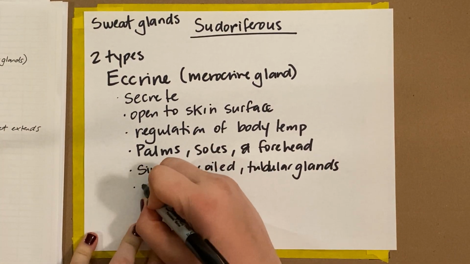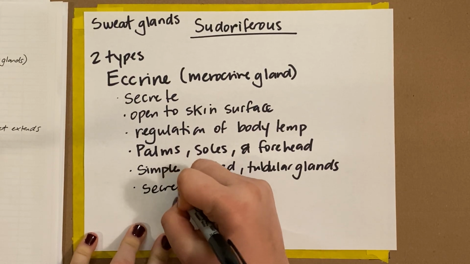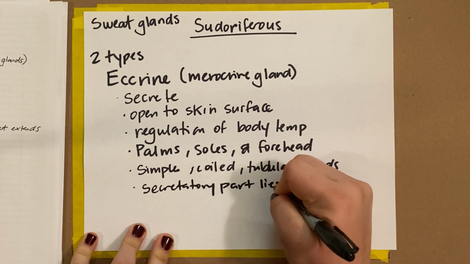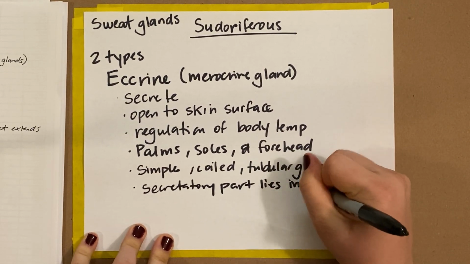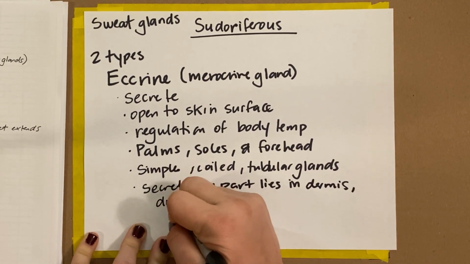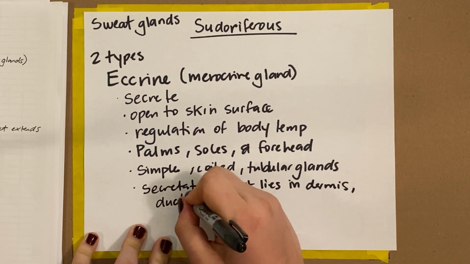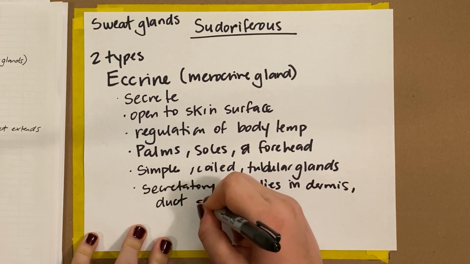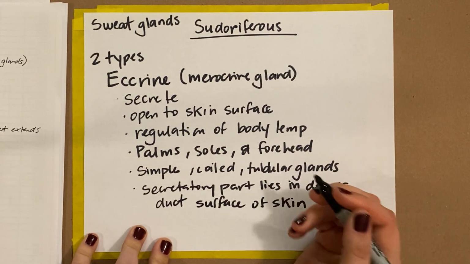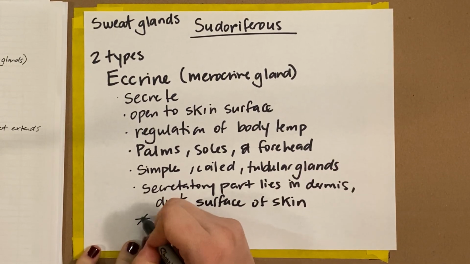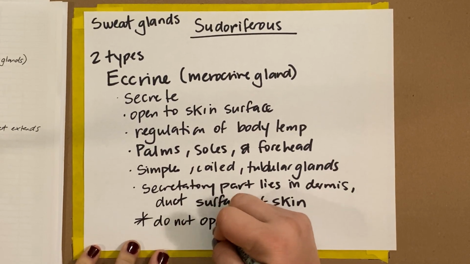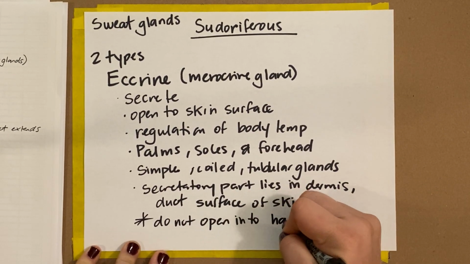So let me just put that: secretory part lies in dermis. But the duct, which is the tube, is going to go to the surface of skin. The main thing about these ones is they do not open into hair follicle.